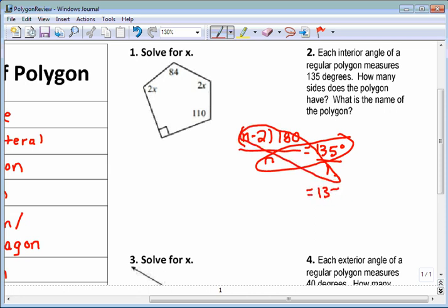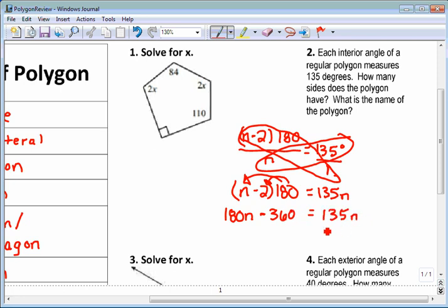So I have 135n is equal to n minus 2 times 180. Well, I have a number multiplied by a binomial, meaning two terms inside parentheses, so I need to distribute. So I have 180n minus 360 degrees is equal to 135n.